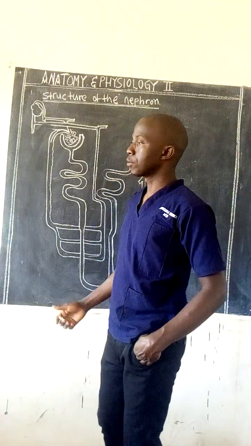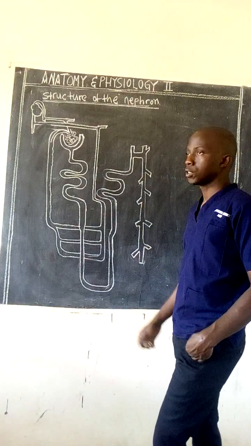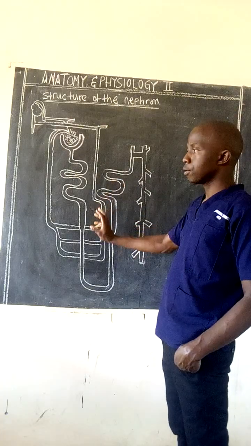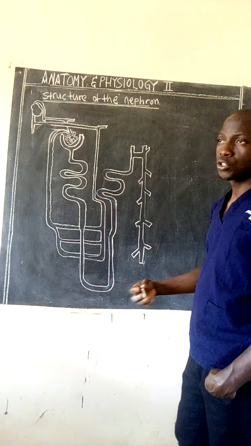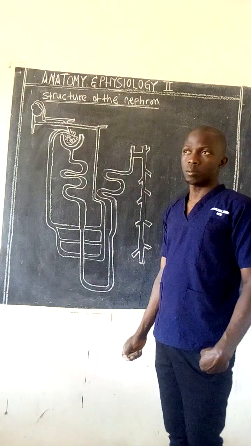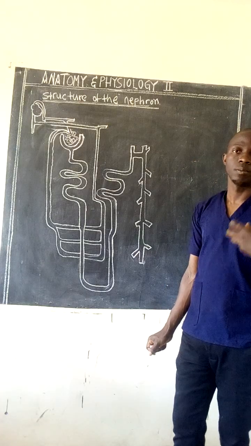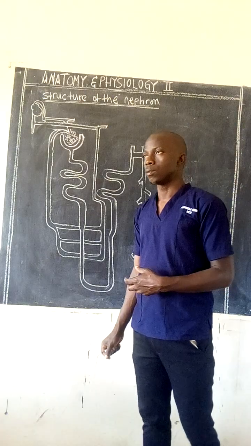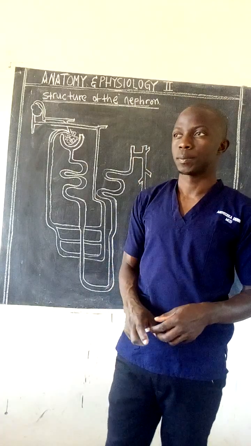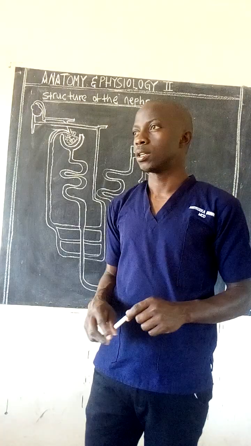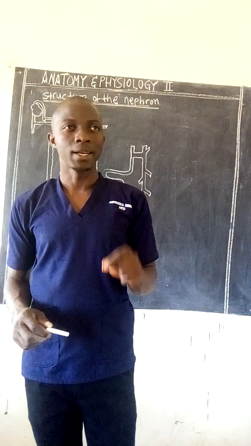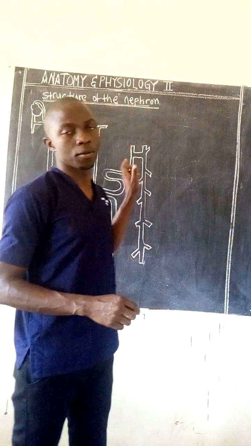Like we have already said in our first video, the nephron is the functional unit of the kidney, because one of the main functions of the kidney is to filter blood, and that structure that helps the kidneys to filter blood is the nephron.